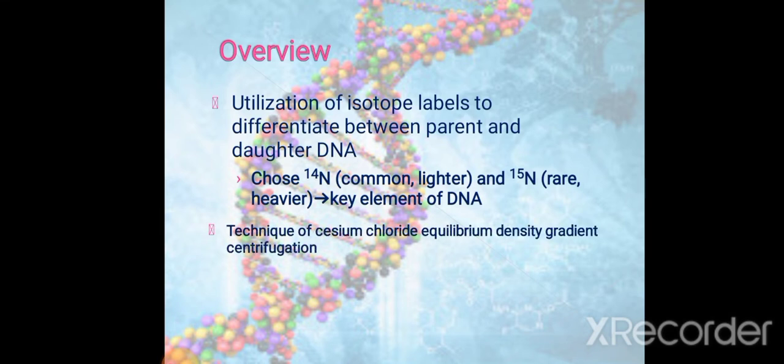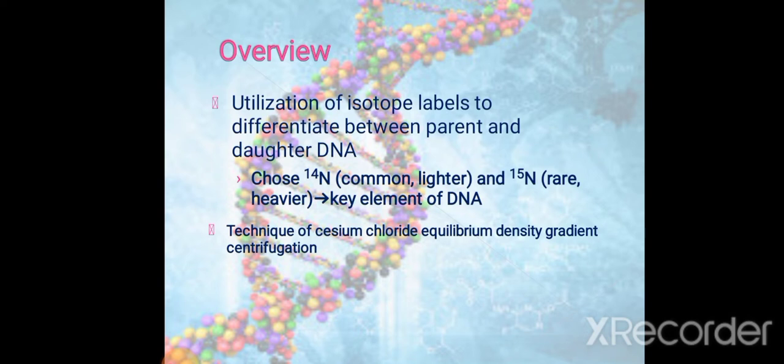Majorly now for differentiation between the heavier and the lighter nitrogen isotopes, or the DNA containing either the heavier or the lighter isotopes, there is the utilization of a specific centrifugation technique which is called density gradient centrifugation. Now within this density gradient centrifugation there is the utilization of cesium chloride.